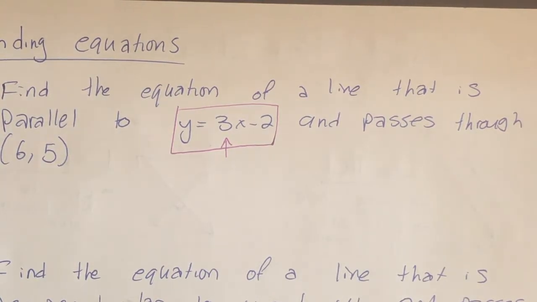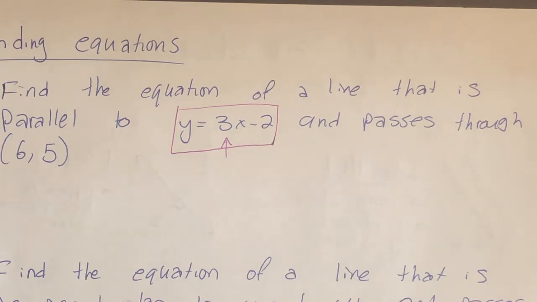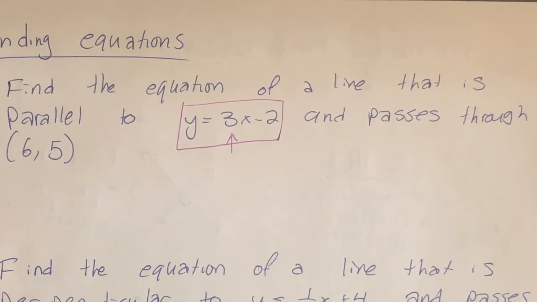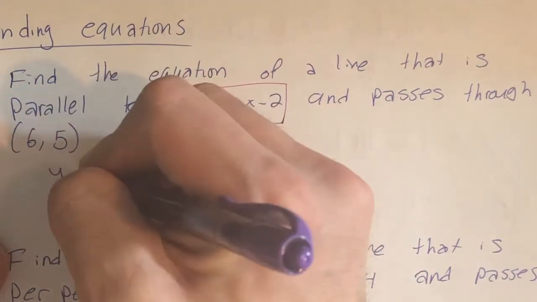Now, do we know an equation that will let us figure out a line with a slope that passes through a particular point? Of course, we know what we call point slope form. This is the way I taught it in class, and there's a couple different ways to do it.